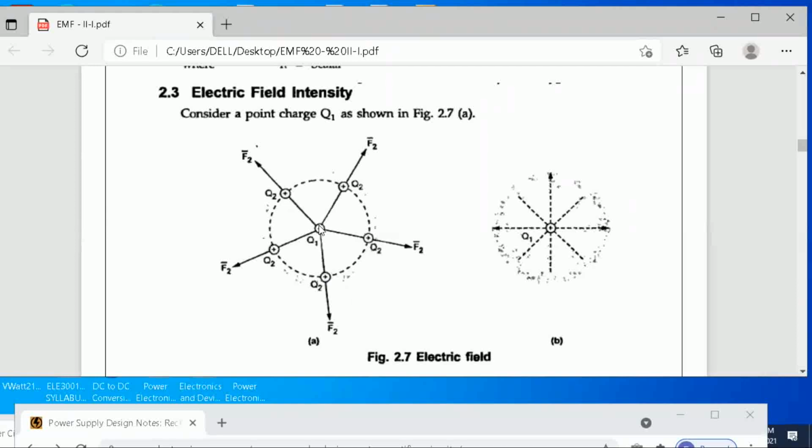So if you go at a constant radius anywhere away from Q1, your field strength should be the same.